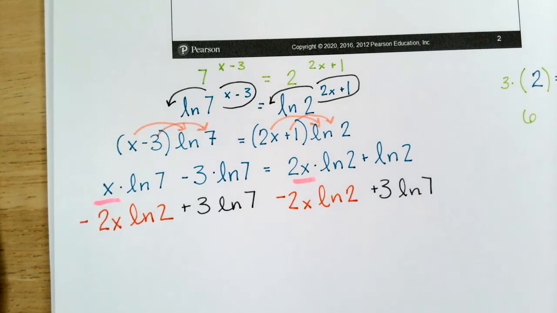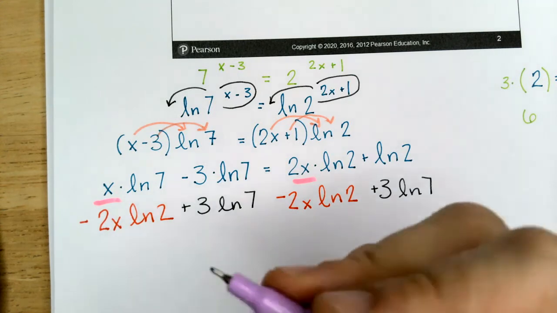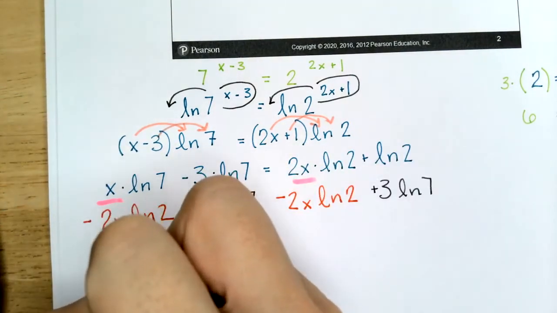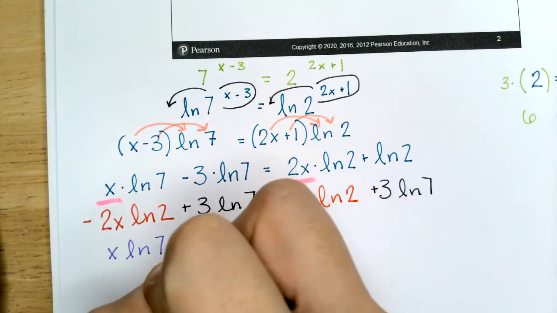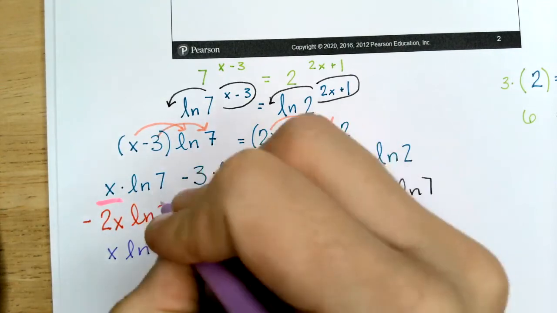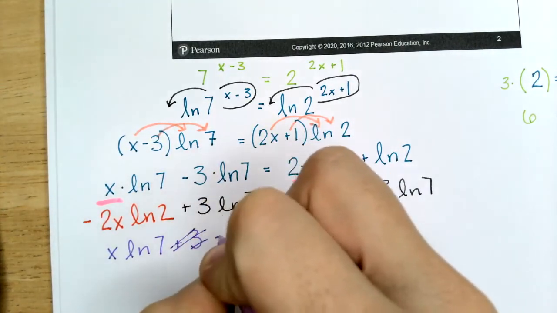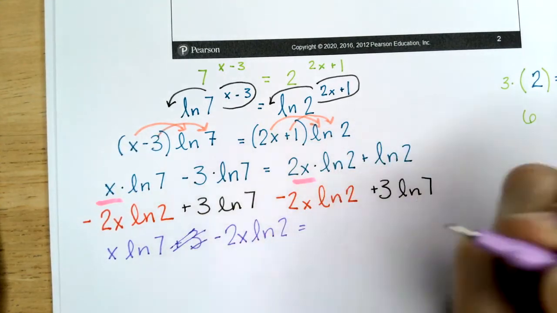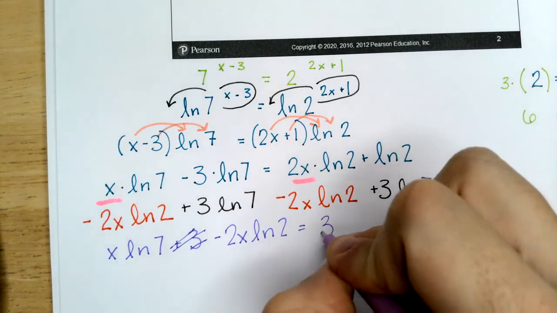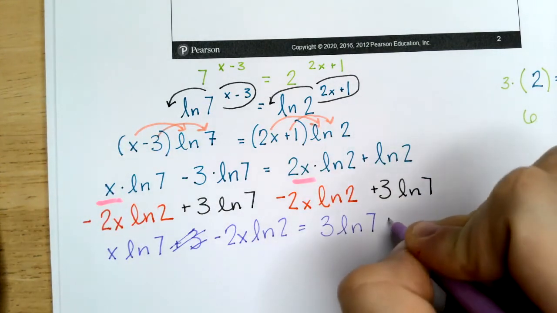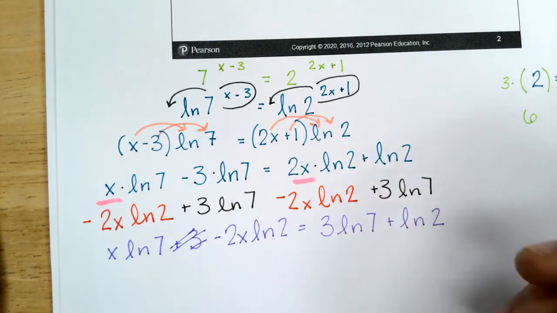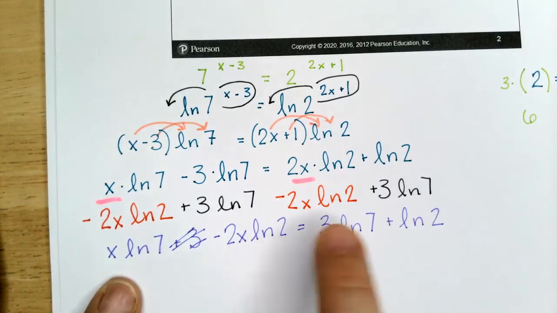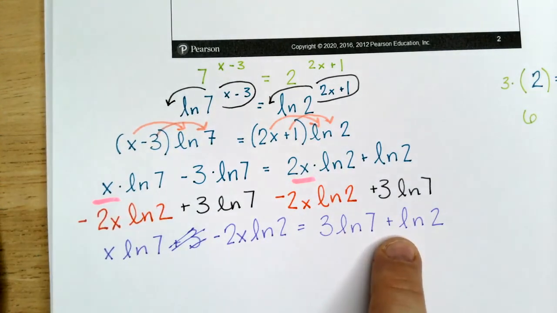Okay, so now I have x natural log 7, minus 2x natural log 2 equals 3 natural log 7 plus natural log 2. So all my x's are now on this side, and this side has no x's. Okay.